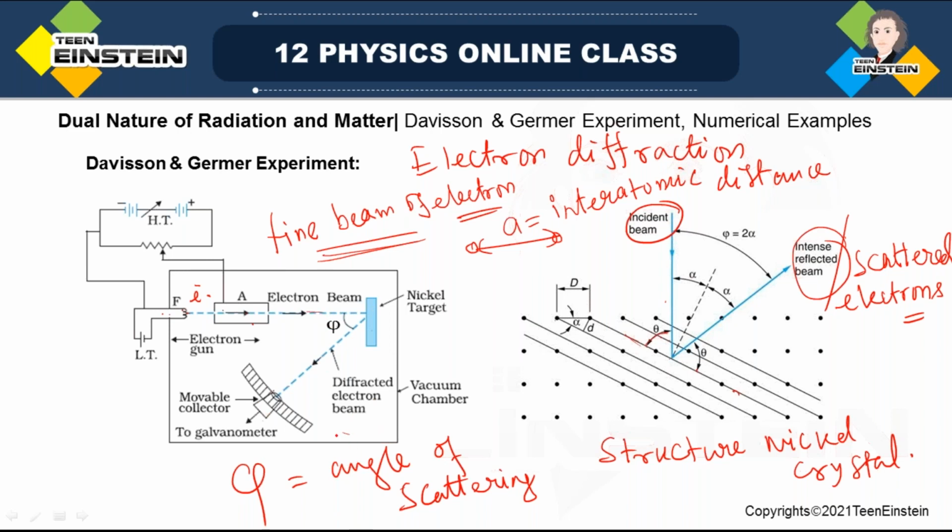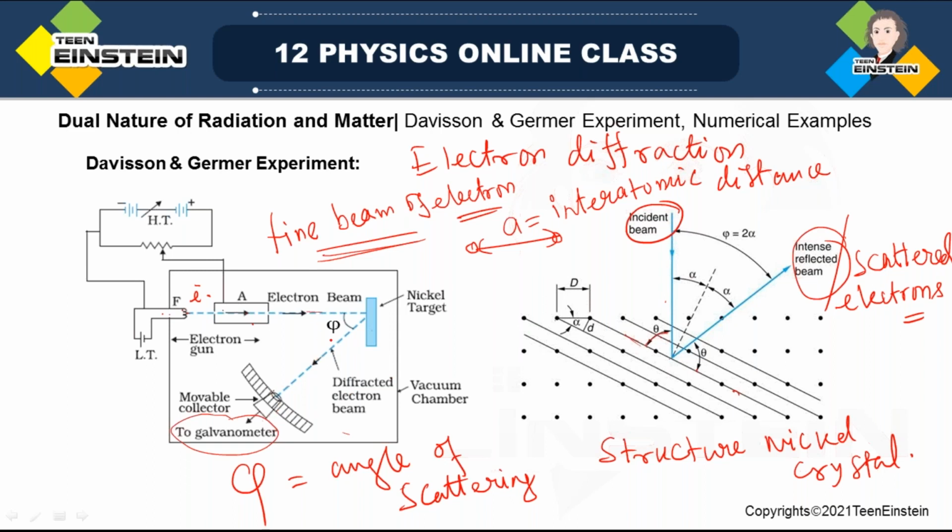With respect to this angle, you can plot the number of electrons. You cannot find the number of electrons directly, so in this detector there will be a scintillation counter or a Geiger-Müller counter, and there is a galvanometer here. Electrons collected here react with some chemicals and give rise to an equivalent amount of current.